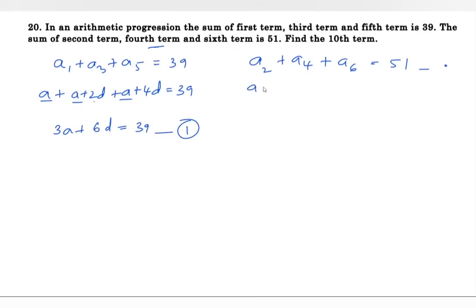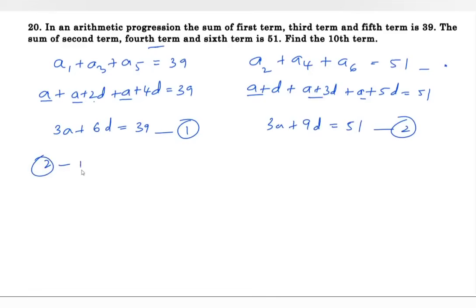Now what is a2? a plus d. What is a4? a plus 3d. What is a6? a plus 5d, equals 51. Now a plus a plus a is 3a, plus d plus 3d is 4d, 4d plus 5d is 9d, equals 51. Now subtract equation 2 minus 1.